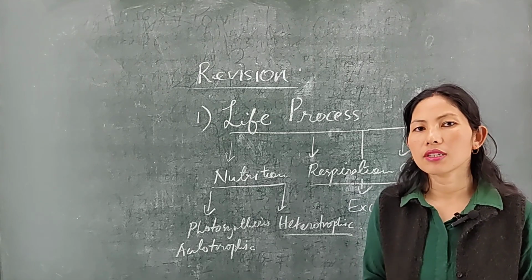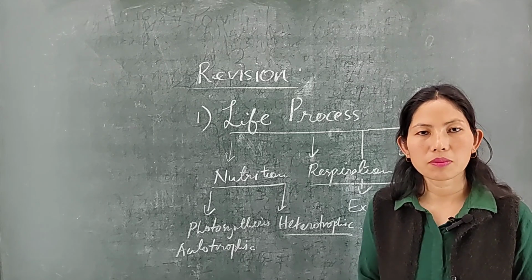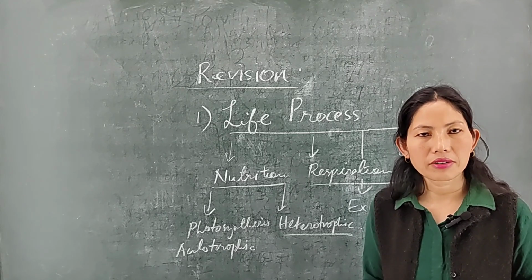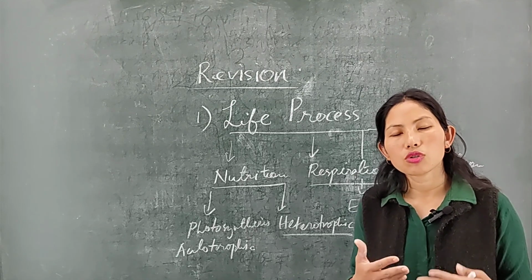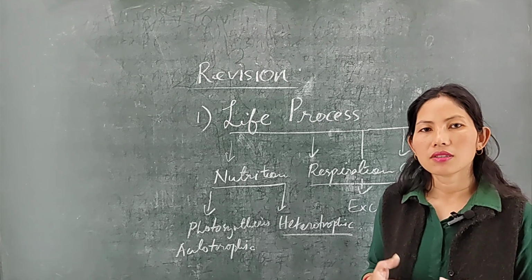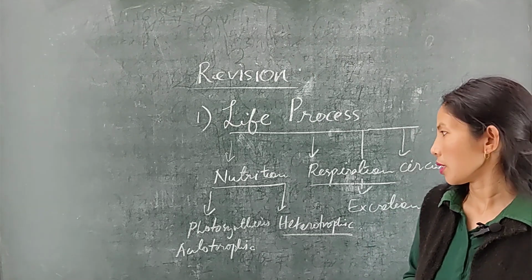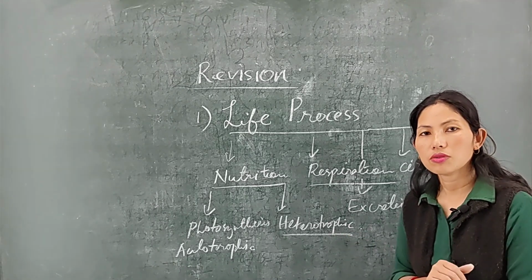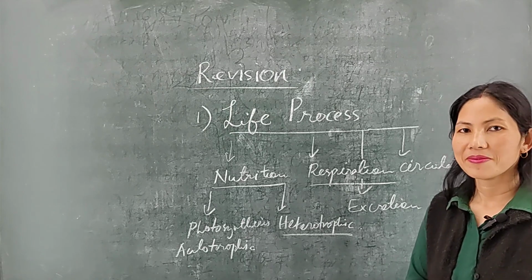So kindly learn how breathing occurs, that is with the help of the muscle tissue, the diaphragm, which is beneath the lung in the chest cavity, and also the intercostal muscles which are around our rib cage, which also contract and relax and help in the process of breathing. So these are the things that you need to learn regarding respiration in humans.